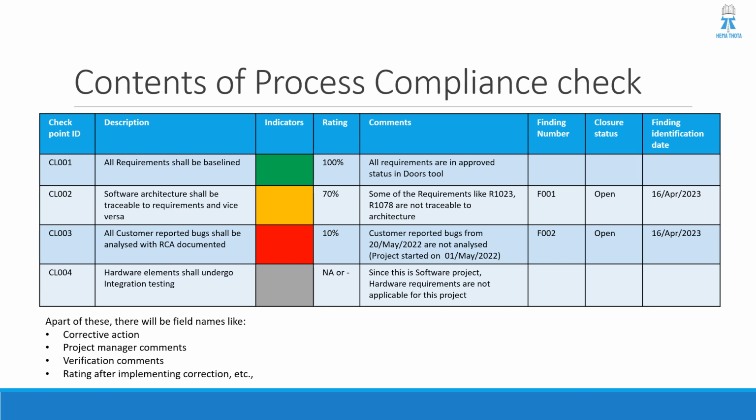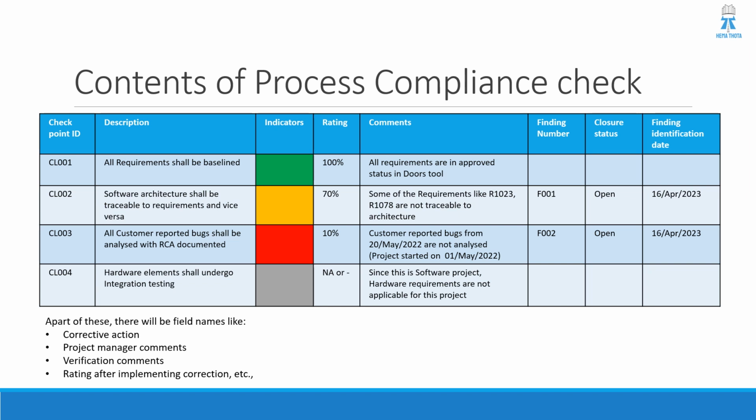So the contents of process compliance checks look like this. You should have a checkpoint unique identification number, something like CL1, CL2, or CL001, 002. In terms of ISO 9001, you may have fewer than 100 checkpoints, but in terms of ASPICE, there will be somewhere around 100 to 200 checkpoints.